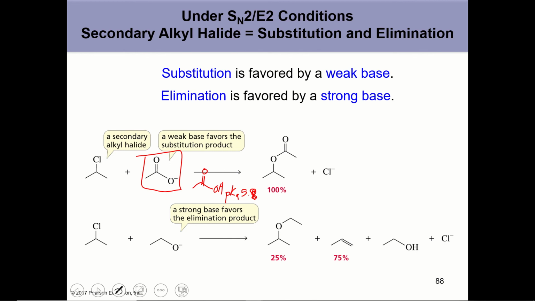So acetate ion is a weaker base than ethoxide, shown below, which has the conjugate acid of ethanol, which has a pKa of 16. The one with the higher pKa has the stronger conjugate base.